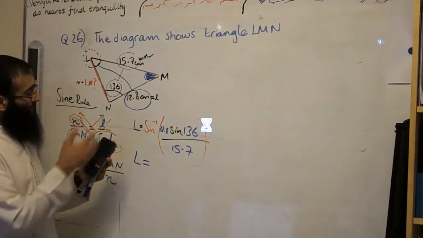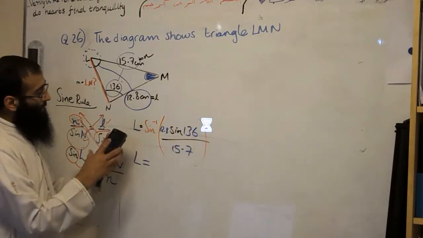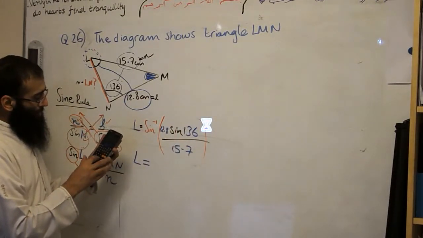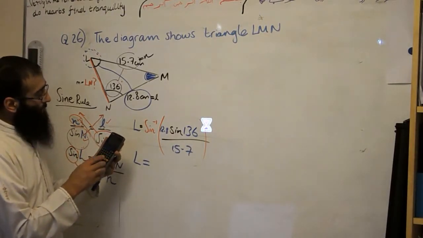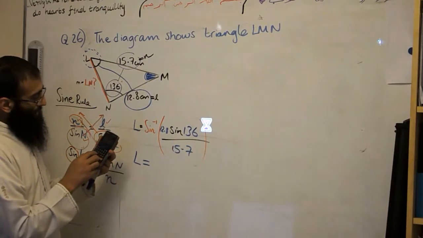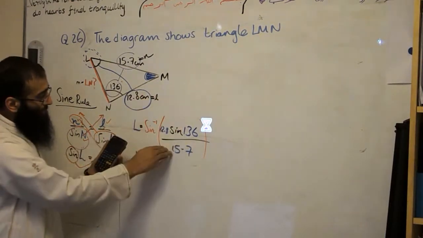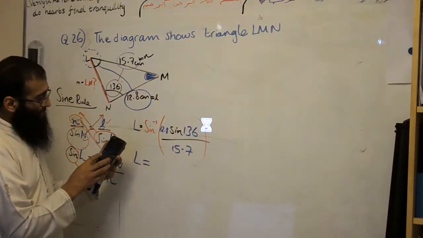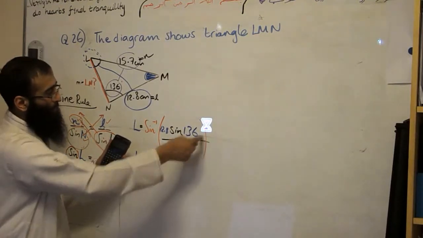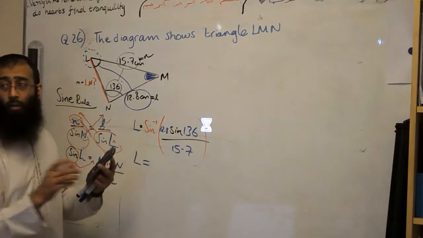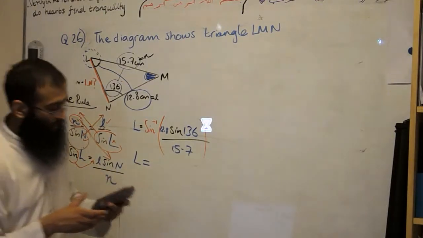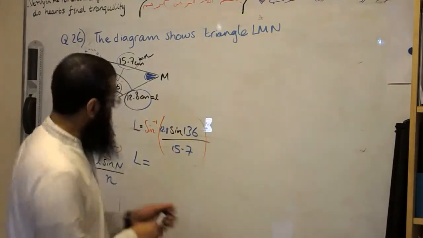You put the fraction button in to get this situation here. That's 12.8 times by the sine of 136. Close the little bracket, press replay, bring the cursor down to here. 15.7, press replay to bring the cursor up to here. Close the brackets. Okay, what do you get? 34.49. Okay, that looks like a lovely answer. I got 34.49 as well.